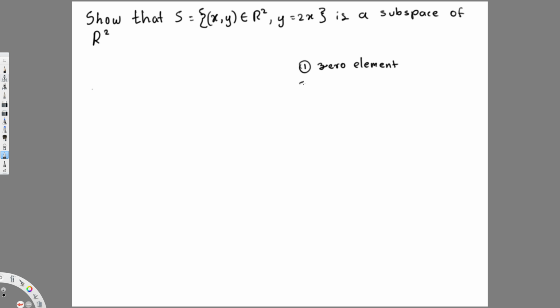The second thing is it should be closed under addition. And the third thing is it should be closed under scalar multiplication.